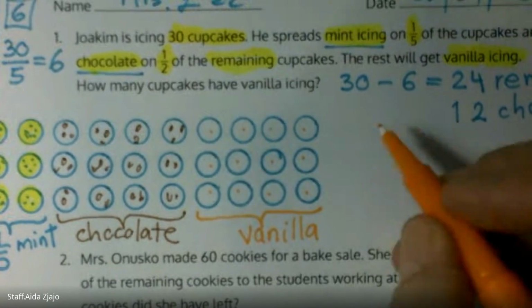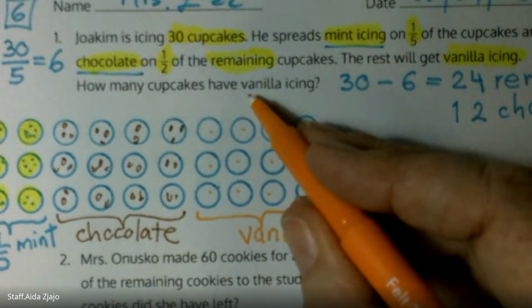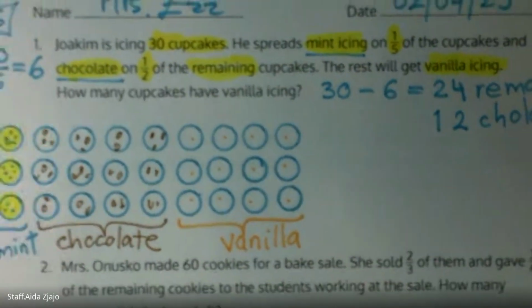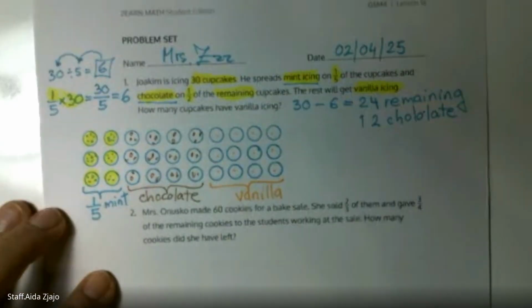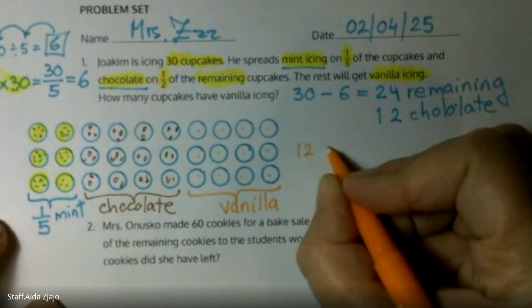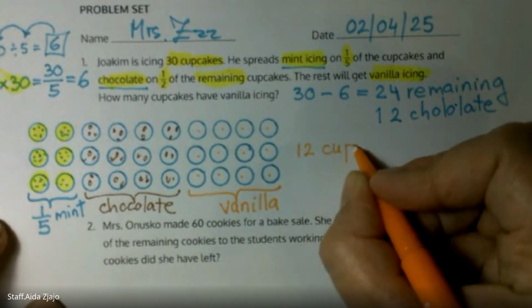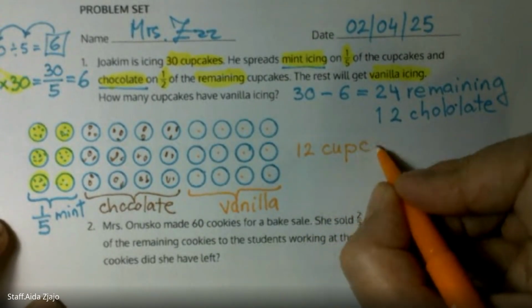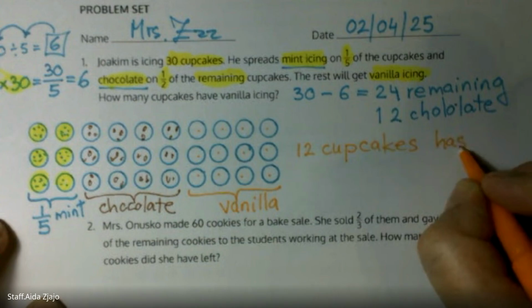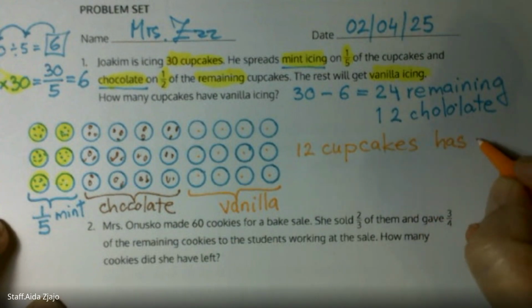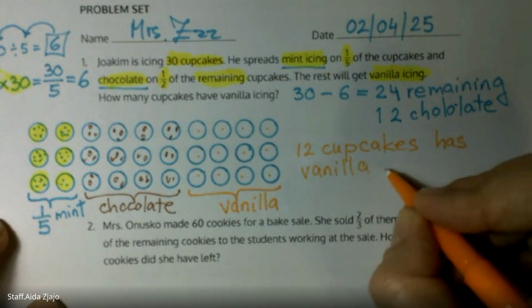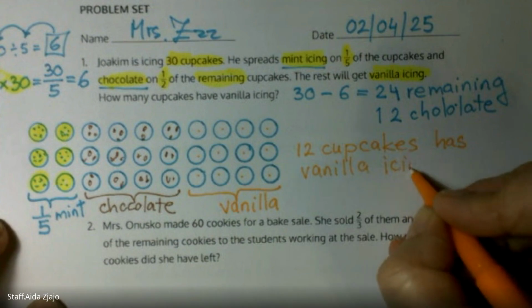So we could write how many cupcakes have vanilla icing. I'll make it a little bit smaller. 12 cupcakes have vanilla icing.